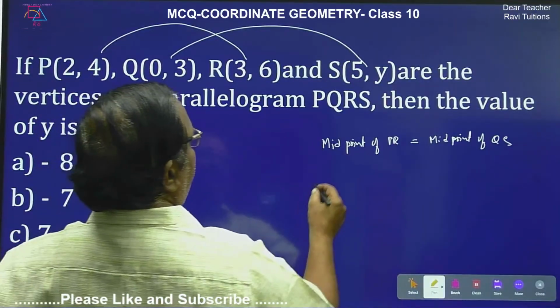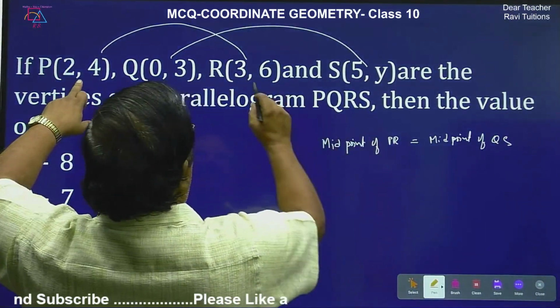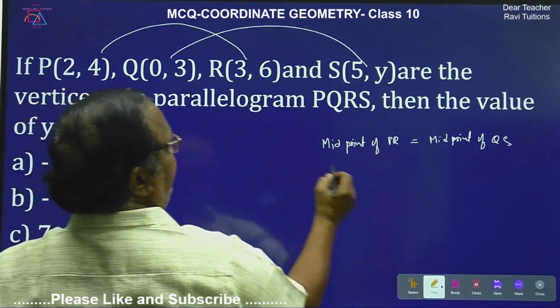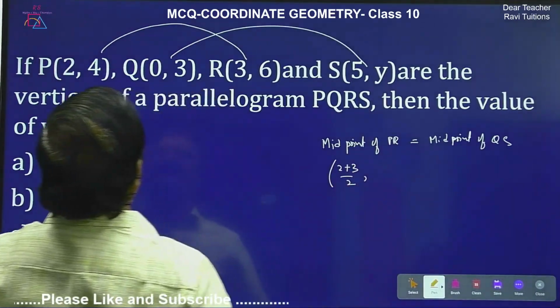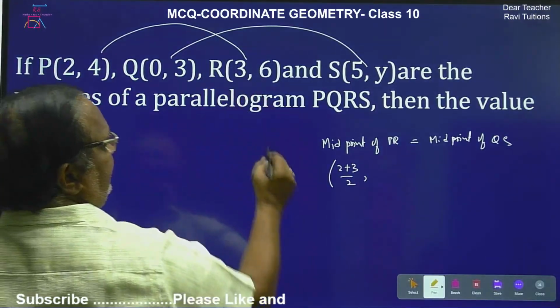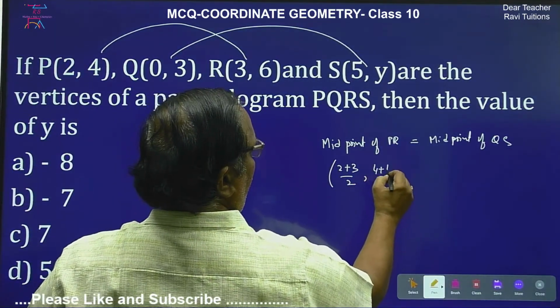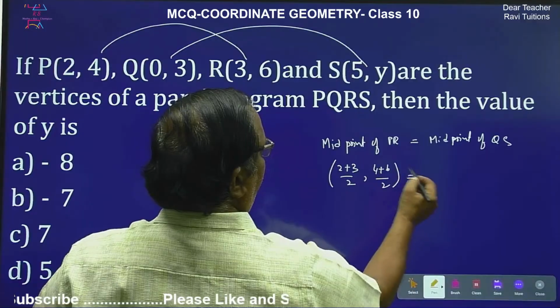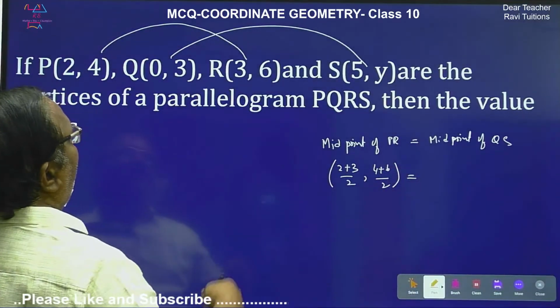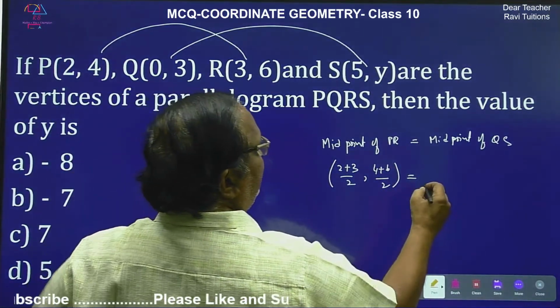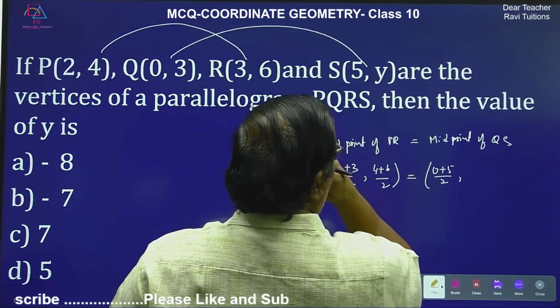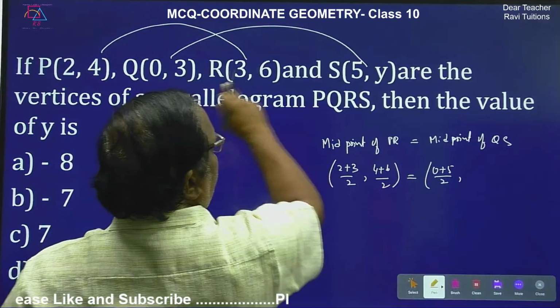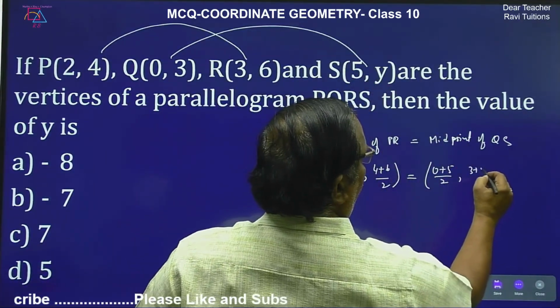So what is the midpoint of P and R? 2 plus 3 by 2, this is x coordinate, 4 plus 6 by 2, this is midpoint of PR. Now QS, 0 plus 5 by 2, comma 3 plus y by 2.